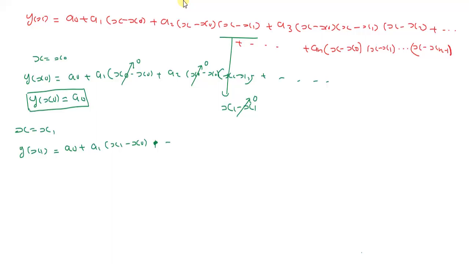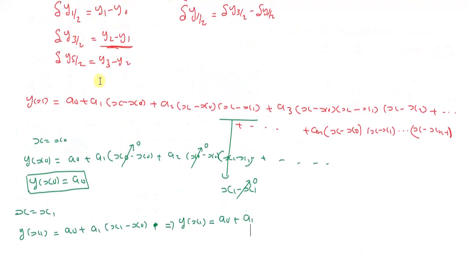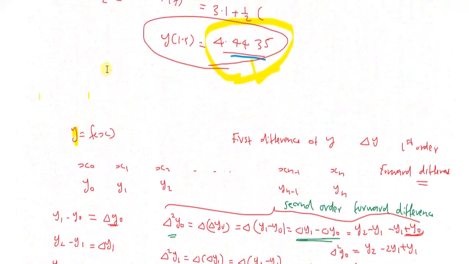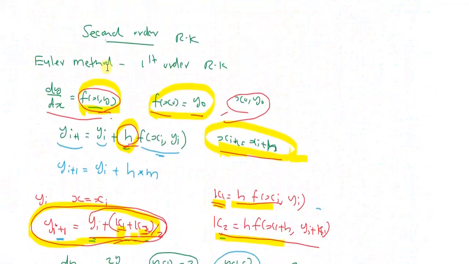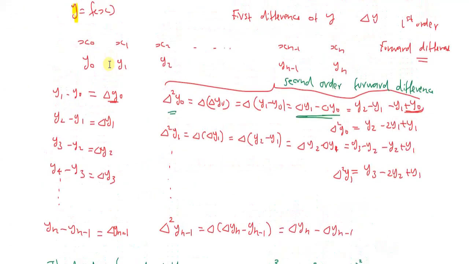Okay, so what we got is y of x1 is equal to a naught plus a1 into, now what is x1 minus x naught? We have taken the points as x naught, x1, x2, x3 and so on, as the choice or table. So x1 will be equal to x naught plus h, x2 will be equal to x1 plus h.